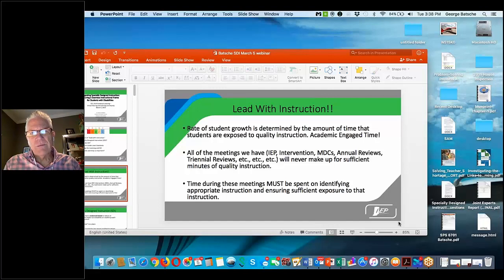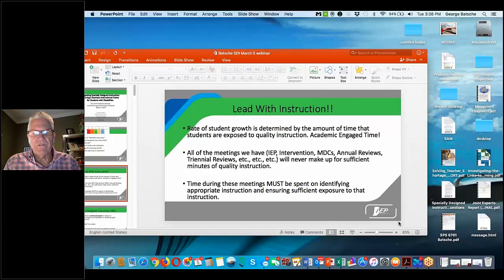That's why the tiers in a multi-tiered system of supports are differentiated first by time. Students who struggle need more time. So anything that we do, whether that's problem solving, whether it's IEP meetings, whether it's a triennial meeting, it doesn't matter what it is.